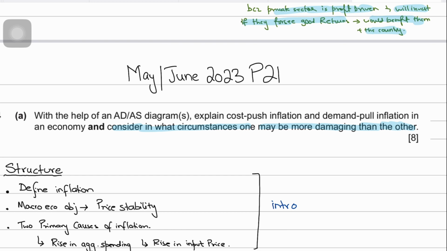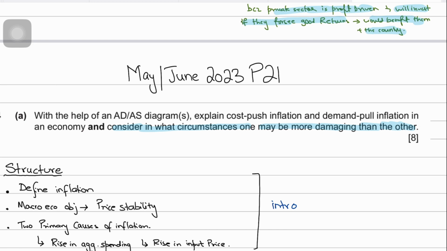And economists and policymakers are particularly interested in the inflation rate in an economy, because inflation has both domestic and external consequences that can have damaging consequences for the wider economy if that inflation rate is left unchecked and unmonitored, right? And then you say that economists measure inflation using the Consumer Price Index, bracket CPI. So this should be your opening paragraph, and this should take maximum 3.5 lines.